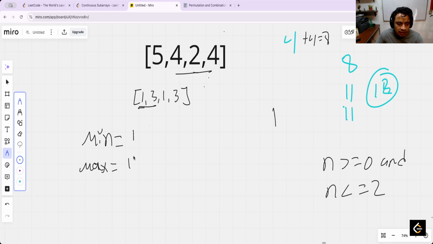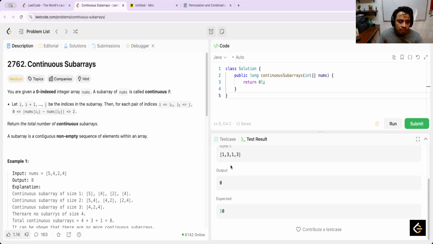Now the next is 3. The difference between this is 2. Okay, plus 2. Now the next is 1, still in the minimum. Now the next is 3, still in the minimum. This case is 1 plus 2 is equal 3, plus 3 is equal 6, plus 4 is equal 10. I think that this is the solution.